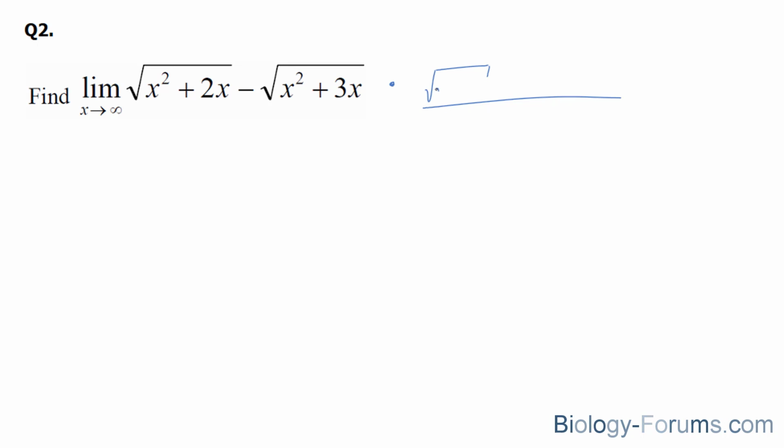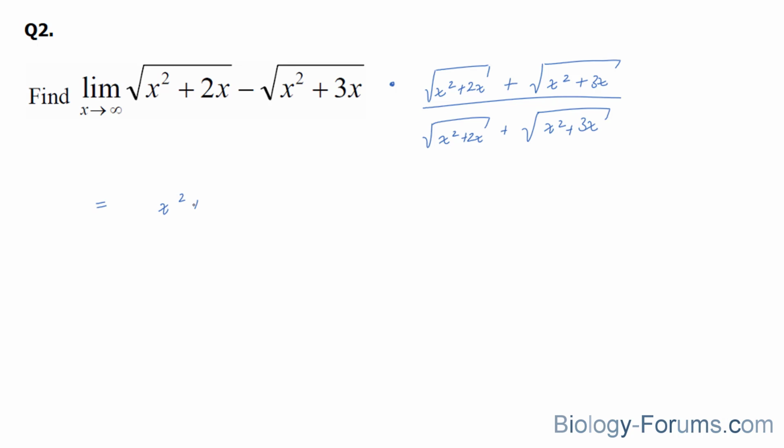The square root of x squared plus 2x plus, and what you do to the top, you must do to the bottom. So we're going to repeat this underneath. X squared plus 2x plus the square root of x squared plus 3x. So we're going to multiply this all out.